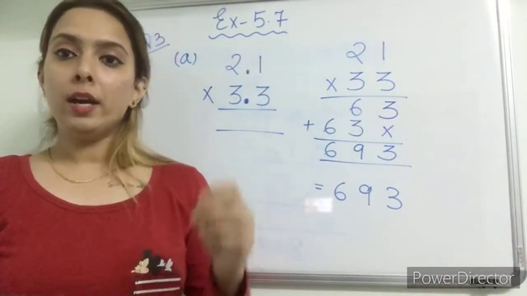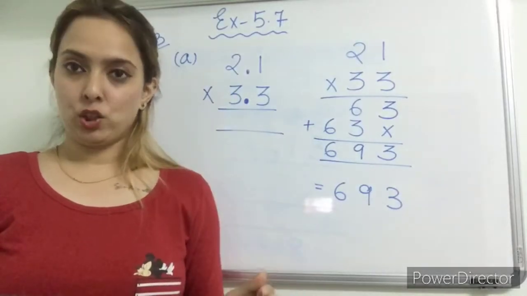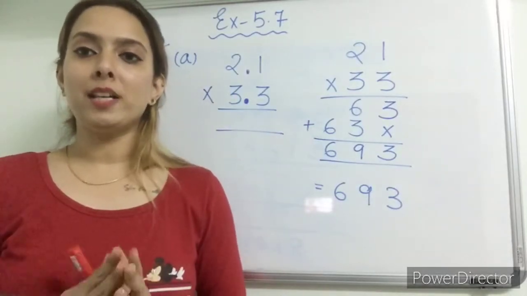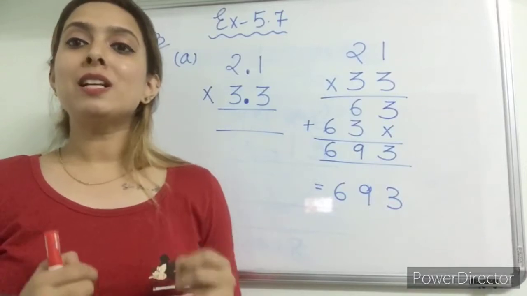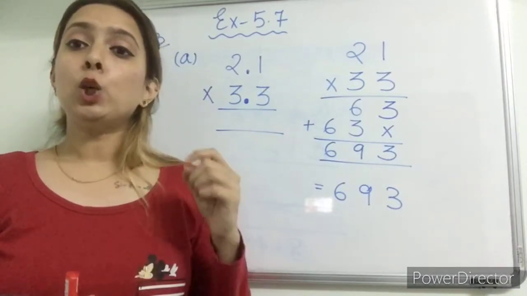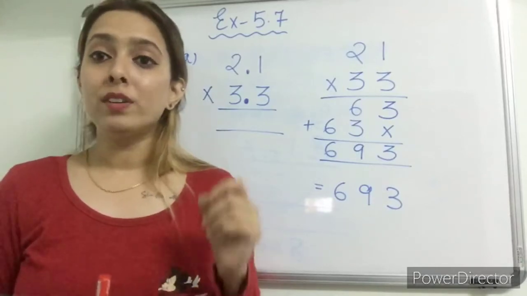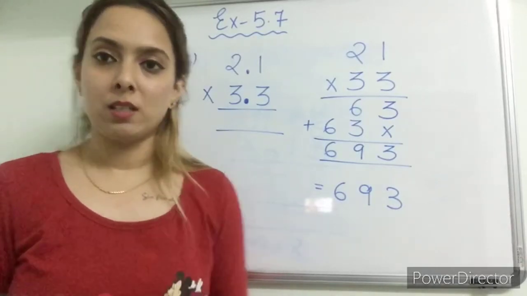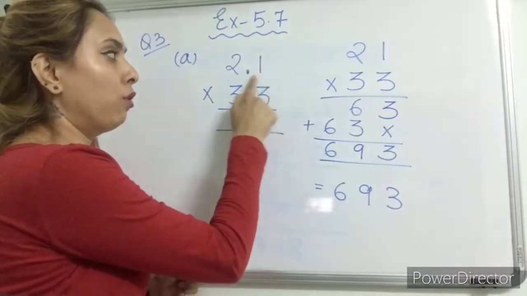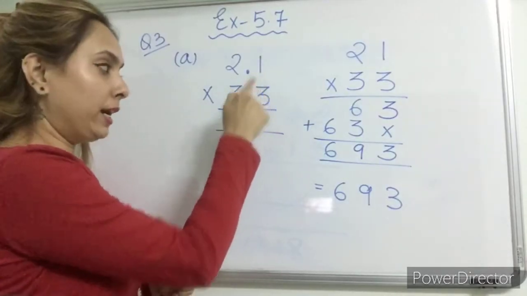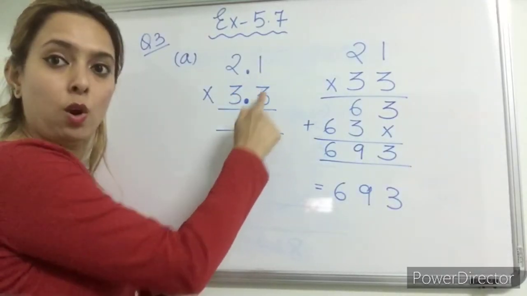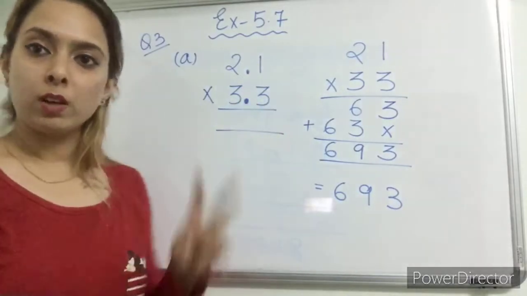In this type of question, when both the numbers are decimal numbers, you will add the number of digits after the decimal. Here you can see there is one number after the decimal, and here is one number after the decimal. So 1 plus 1 is 2.